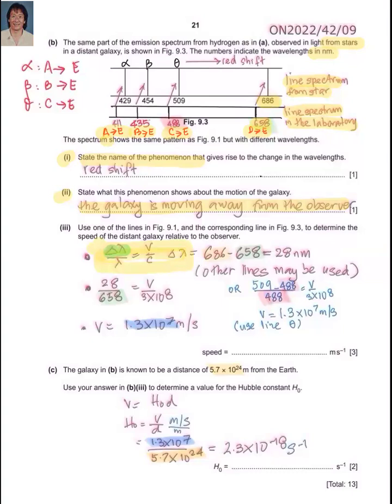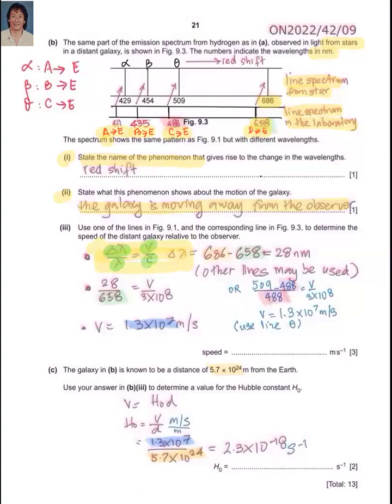So if you take the 658 line, your delta lambda will be 686 minus 658, which will give you 28 nanometers. And then your lambda is the wavelength of the same line produced by the same element on Earth. That means we take 658, if we take the electron transition from D to E. And then v is the velocity of the galaxy, and c is the speed of electromagnetic waves.